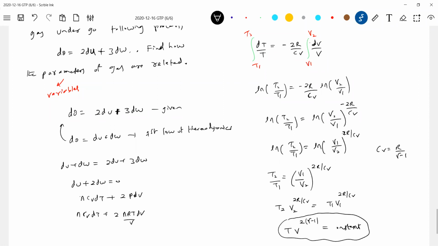Are you getting it? So this is the pressure. No, sir, I want temperature, pressure. You again use the ideal gas equation, eliminate V. Anything you can bring in. So like this, the temperatures and volumes are related.